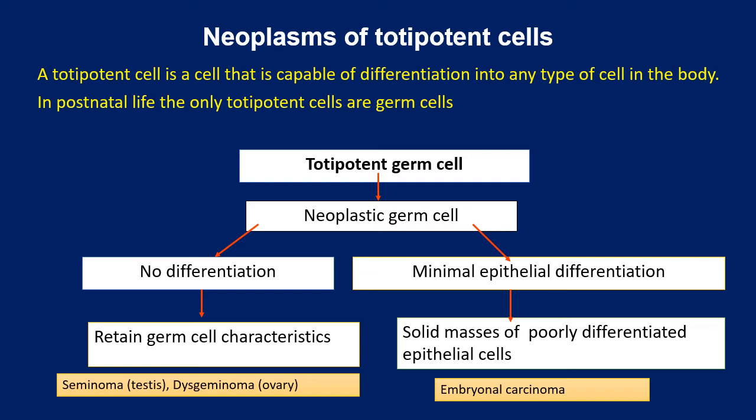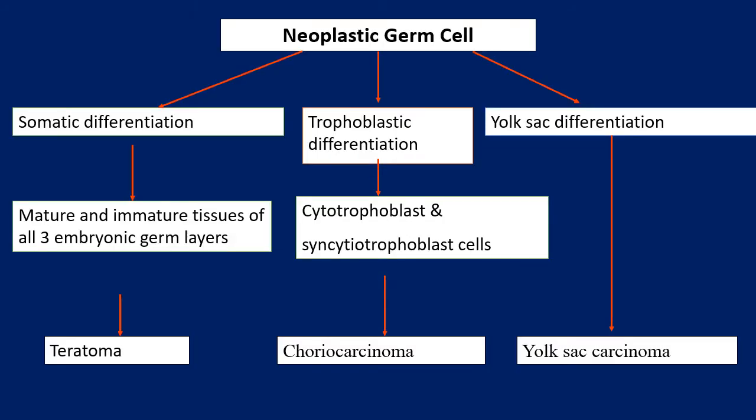Okay, when there is differentiation, the differentiation may be minimal epithelial differentiation. If the differentiation is minimal like this, we call it embryonal carcinoma. But if there is extensive differentiation, there is differentiation along somatic lines. What does somatic differentiation mean?